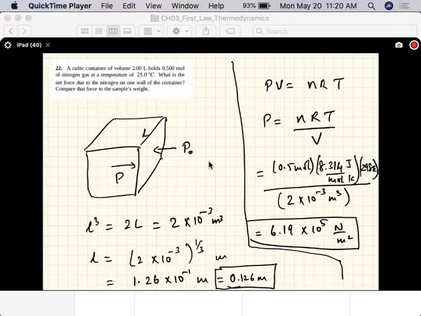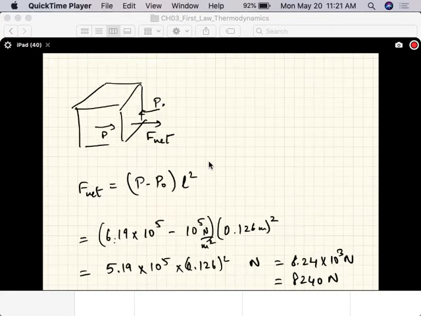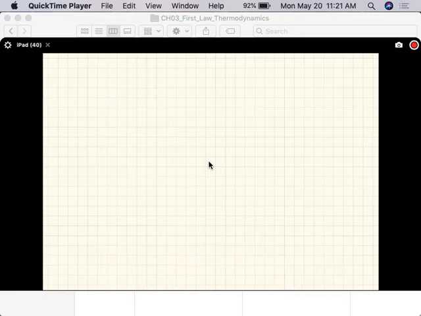Let's see, what does it say? Compare this force to the sample's weight. Okay, so let's calculate the sample's weight. Let me add a page below. All right, so you have half a mole of nitrogen gas. The molecular weight of nitrogen gas is 28 atomic units.